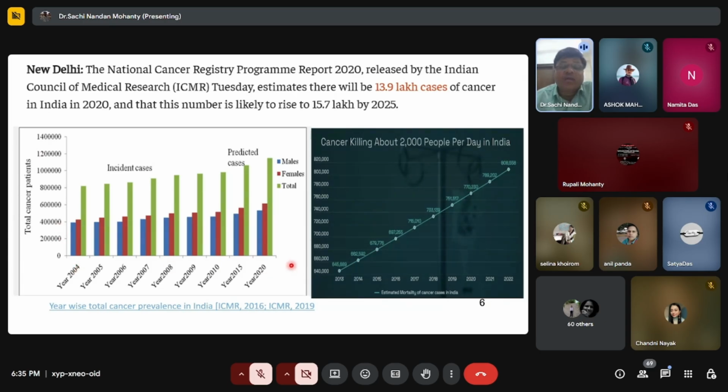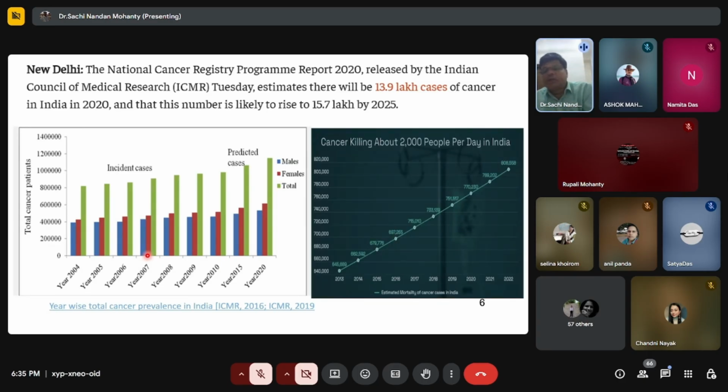The brown color is female, the green is the total, and the blue is male. The statistics for 2016 to 2019, a 3-year study, show that the number of females is more than the number of males, so more females die of cancer as compared to males.